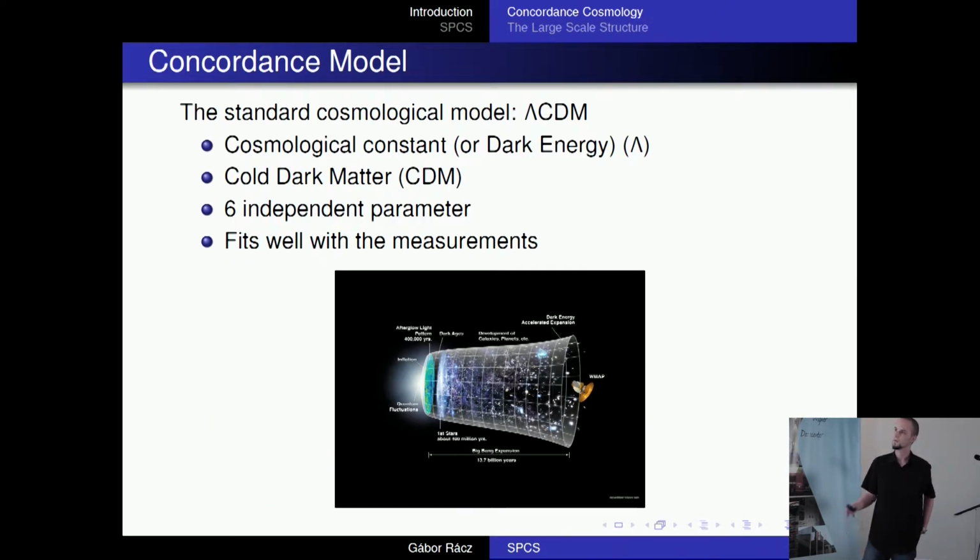So the standard cosmological model is the ΛCDM model, where lambda means that there is a cosmological constant in this model, and CDM comes from cold dark matter. This model has 6 independent parameters, and it fits well with the measurements. So you can see this in its expansion history.